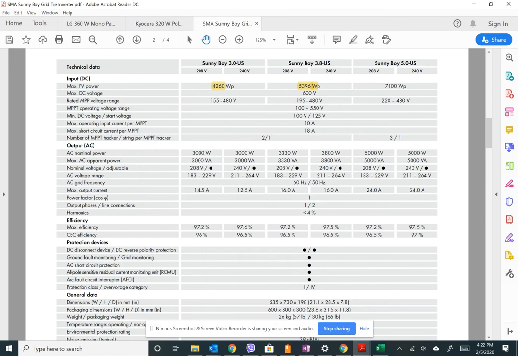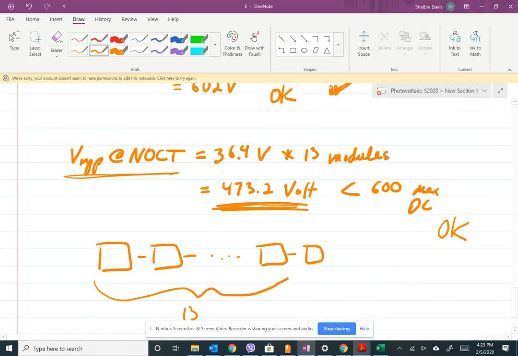Rated voltage range for this model is 195 to 480. Right there. Which we're good. Yeah, that'll work. So we are still good with this Sunny Boy 3.8 so far.